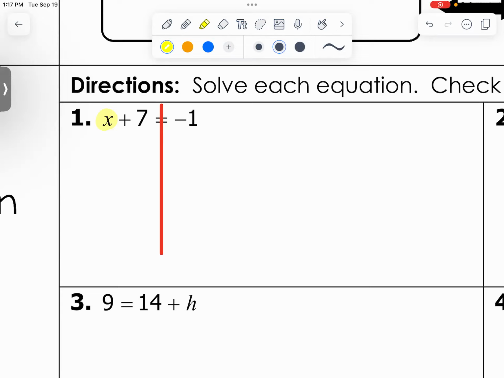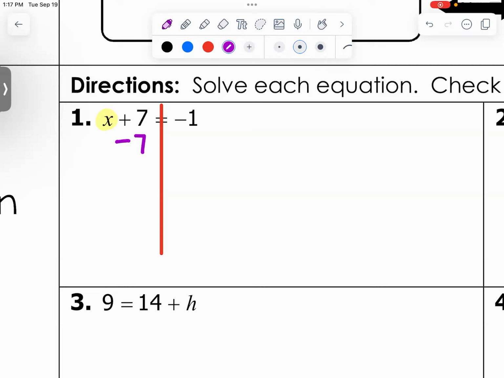Why are we minusing 7? Right now, 7 is being added to X. So Emma is saying to undo the plus 7, we need to minus 7.